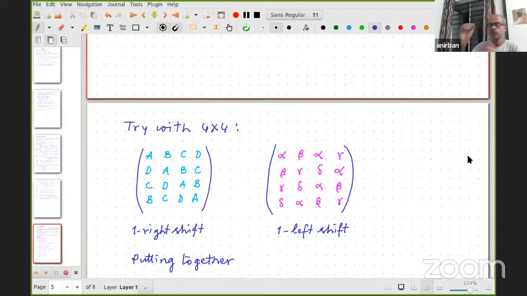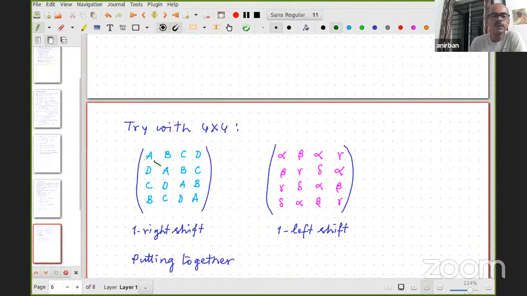Let's see what happens. I have written it out, so it's a bit longish. Let me explain. The first thing we are going to do is one right shift. So I have A, B, C, D now, and one right shift. A moves one block to the right, this is the kind of movement that happens, and then D comes back.